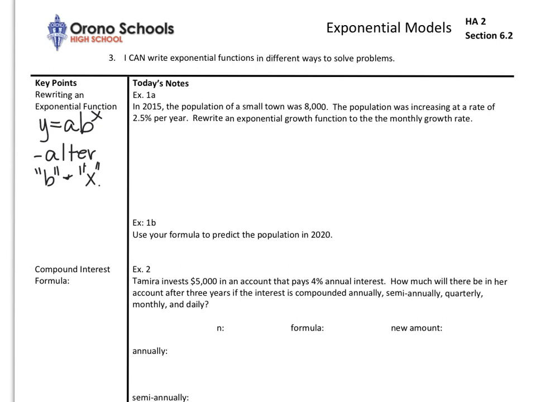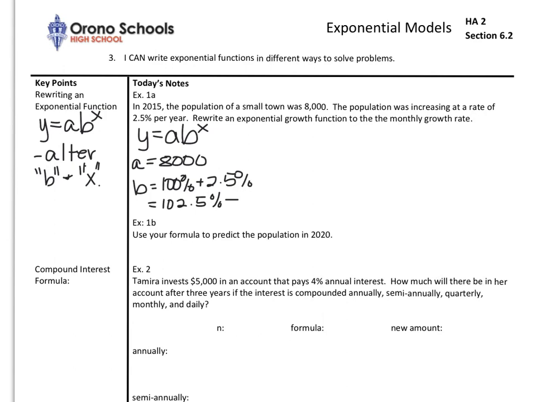If we start off with our general formula, y equals a times b to the x, a would represent the original amount. That value is a constant. It won't change. A is 8,000. And b, remember the rule for growth rate, because this is increasing, we take 100% plus 2.5%, which would be 102.5%.